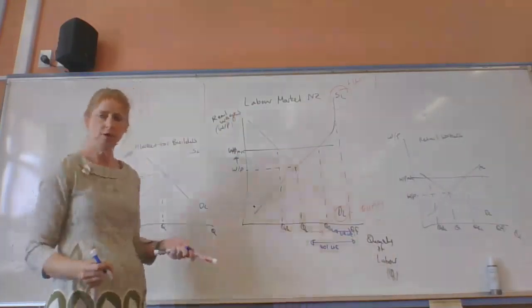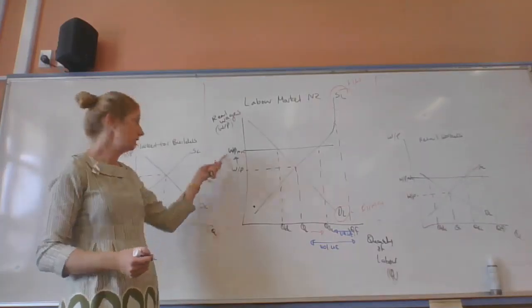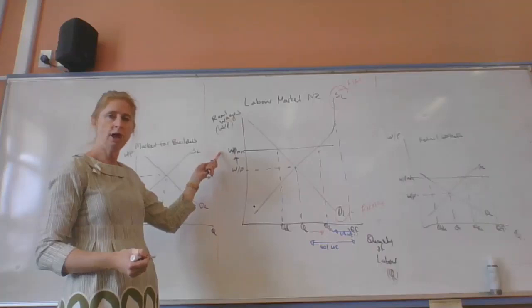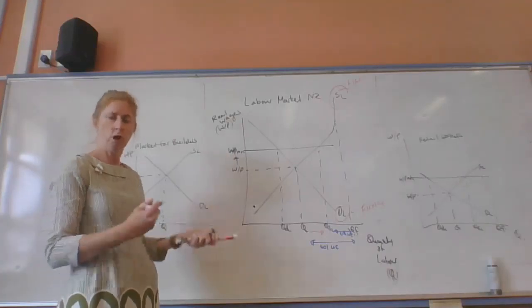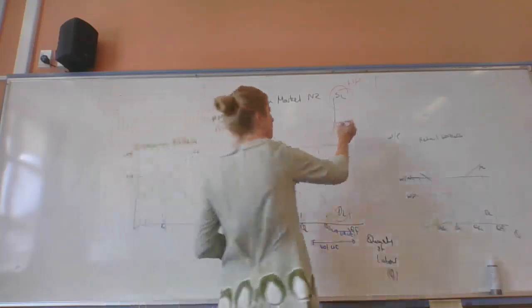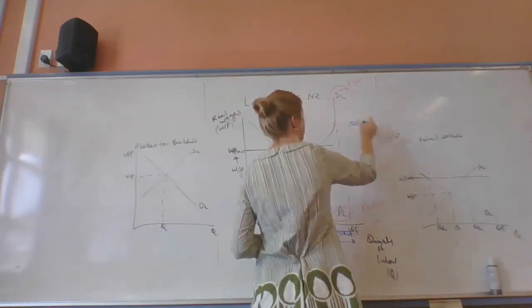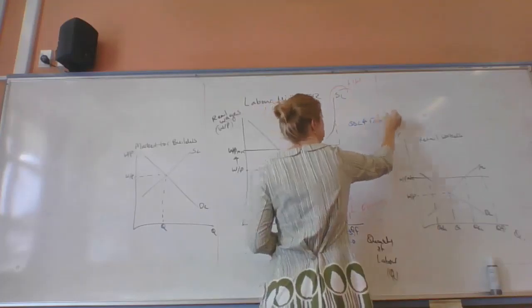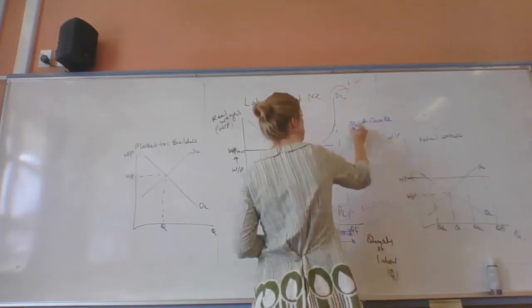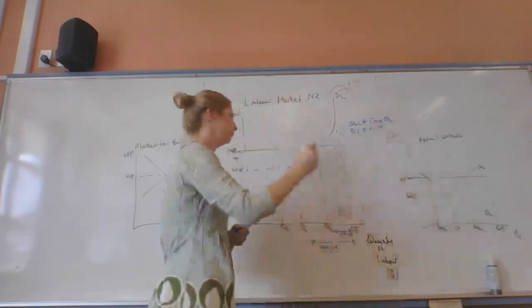There are fewer people voluntarily unemployed because now more people want to supply their labour at W over P min because it's higher and they think it's more worthwhile. The opportunity cost of not working has increased. So I'll just put that here. QSL increases from QL because the opportunity cost of not working has increased.